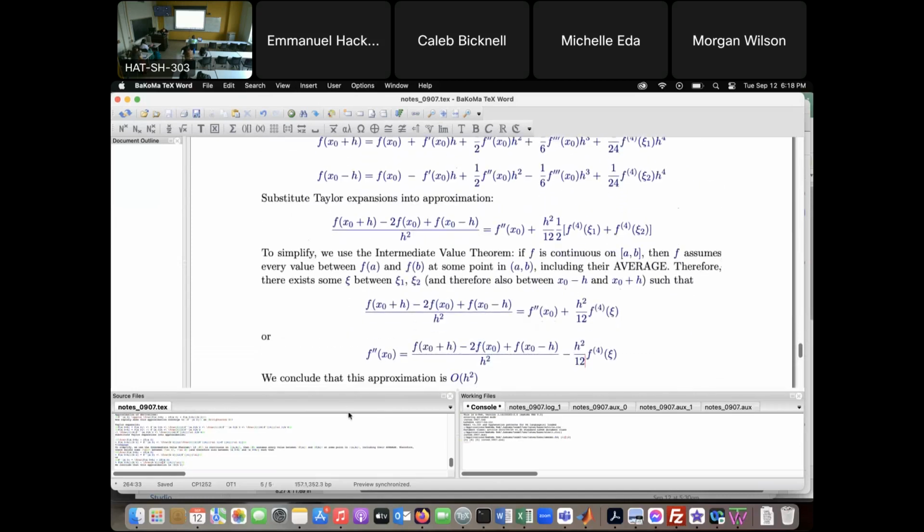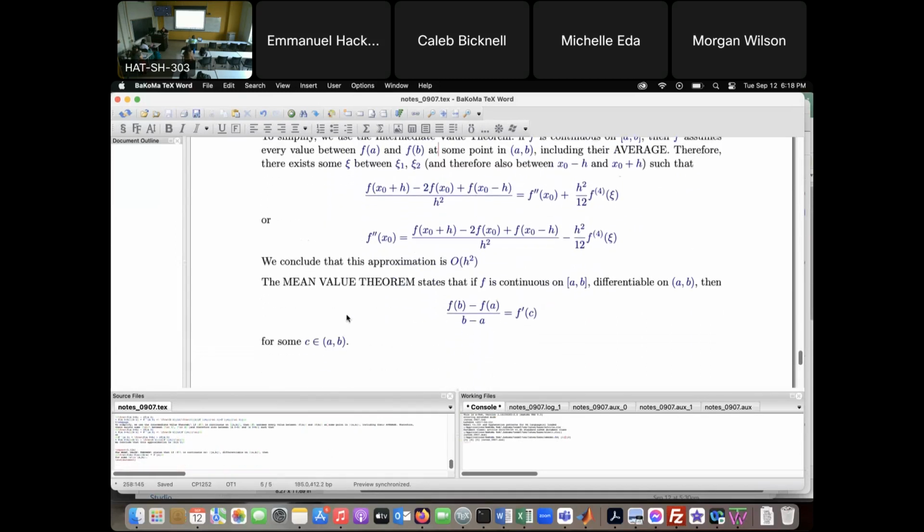We've come to the end of the notes. And here I have the mean value theorem stated for no reason. I guess when I last used these notes in 2021, the last time I taught this class, I felt some compelling reason to put this in here. The mean value theorem actually is a very useful theorem in numerical analysis.